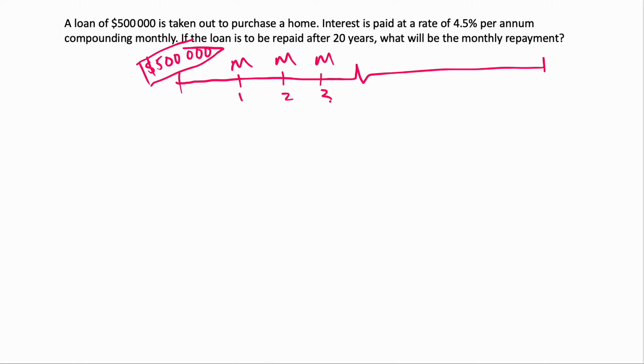And then by the end of the 20 years, so our final n, remember our periods here are months, so 20 years is equal to 20 times 12, which is 240 months.